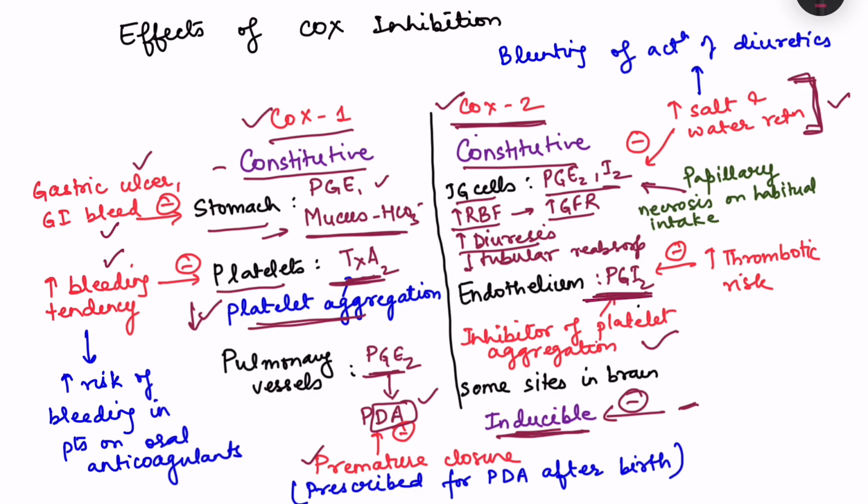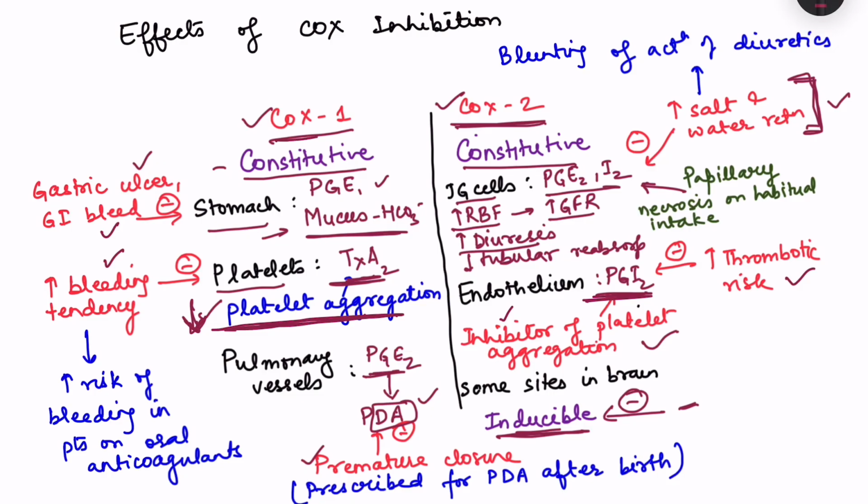Then endothelial, if COX-2 is blocked, then it increases thrombotic risk, because this PGI2 production is inhibitor of platelet aggregation. So that action is blocked, and this increases the thrombotic risk. Now, we have seen here that platelet blocking causes decrease in the platelet aggregation, while blocking of endothelial COX leads to increase in platelet aggregation.